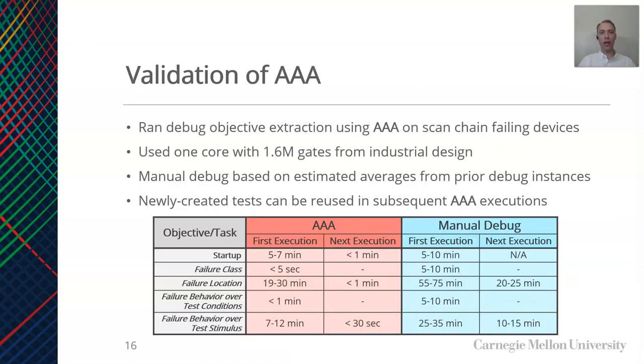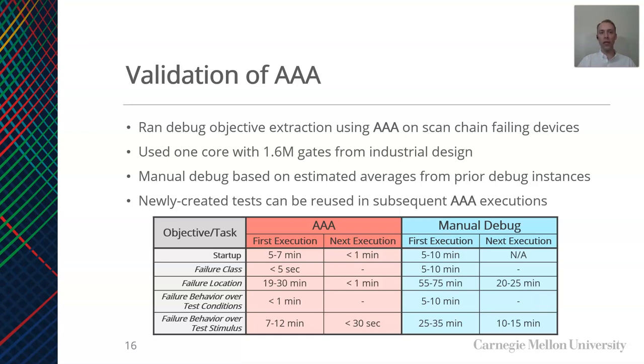To validate AAA, we performed debug extraction on a set of devices with scan chain failures. This was executed on one core with 1.6 million gates from an industrial design, and an online tester was used to collect data for analysis. The table compares execution times for various objectives with estimated average execution times from focused manual debug.